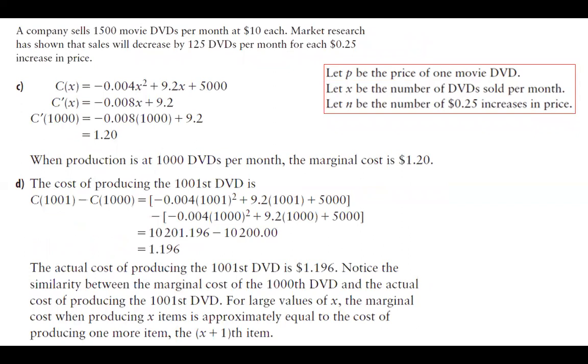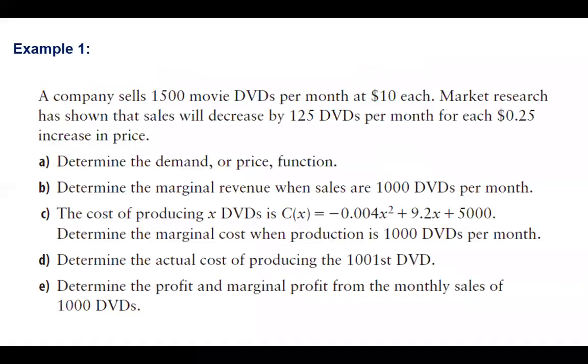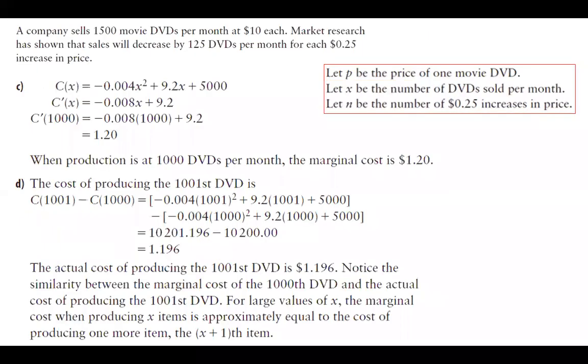Question 3, we want to find the cost function C(x). Sorry, the cost function C(x) is given to us, right? Therefore, the question asks us to determine the marginal cost. Therefore, we need to differentiate C(x) with respect to X. So C'(x) is negative 0.008X plus 9.2, right?